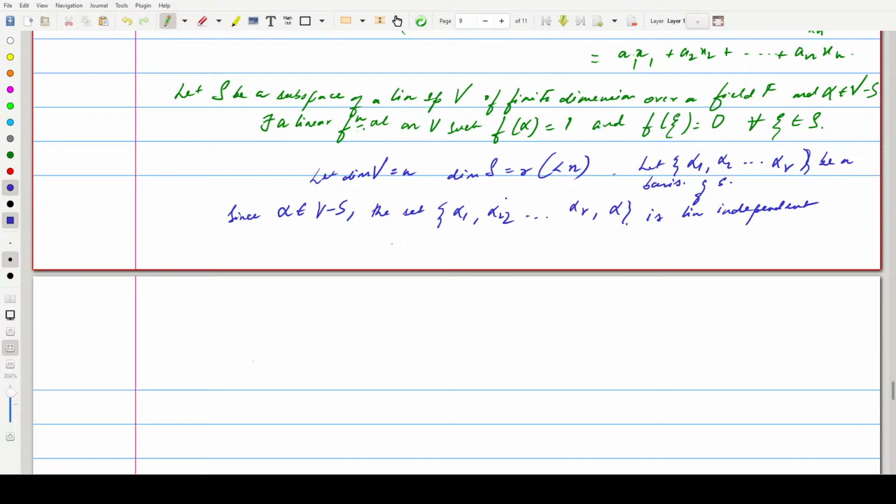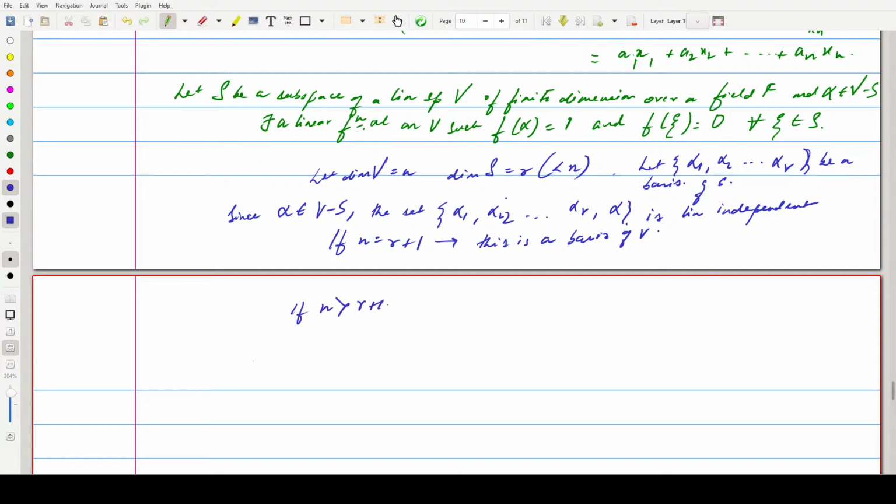And what this means is that if n equals r plus 1, this is a basis of V. Now if n is greater than r plus 1, we can use the extension theorem and extend this to a basis of V, right?